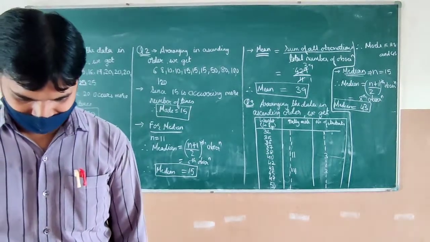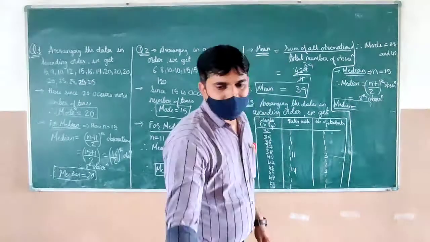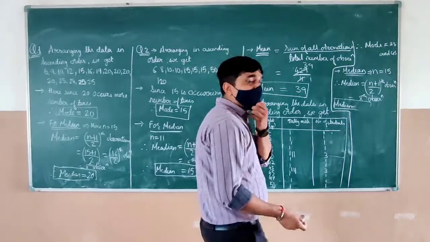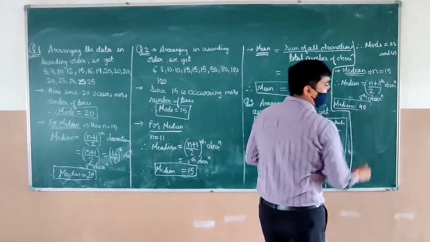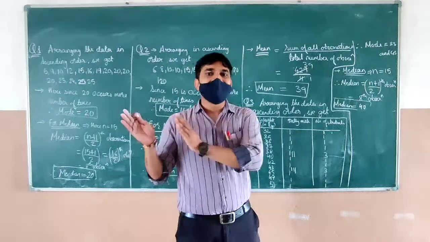Stop. So what is the answer? It is 40. How is it 40? For that we are supposed to arrange them in ascending order.